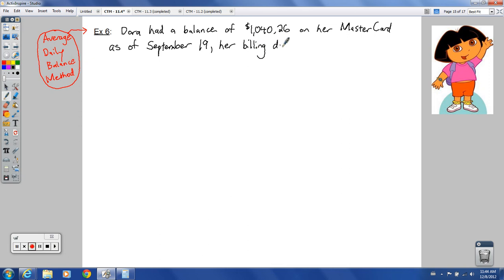Her billing date is September 19. During the next month, she made the following transactions.